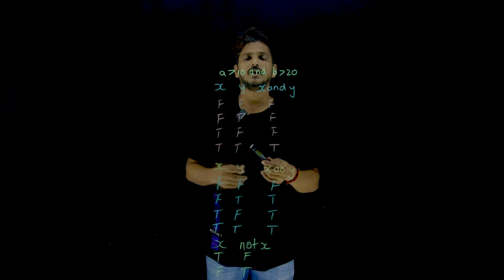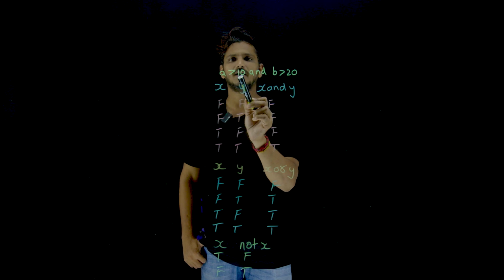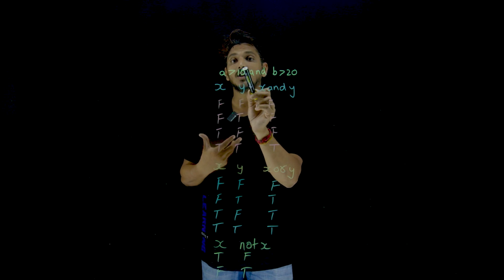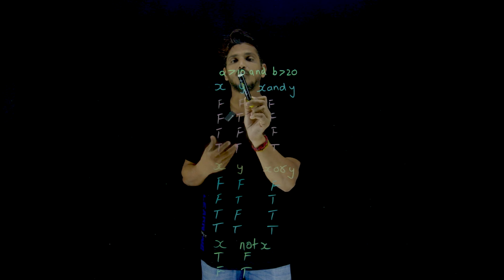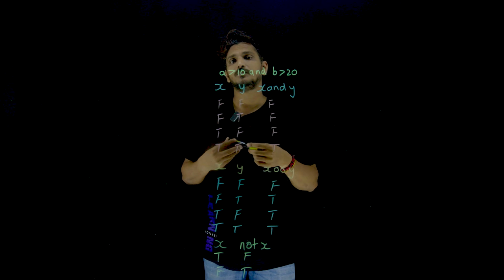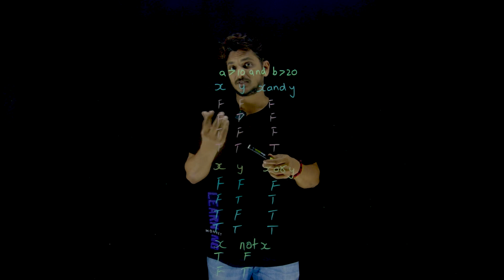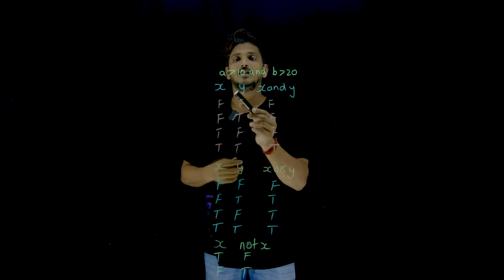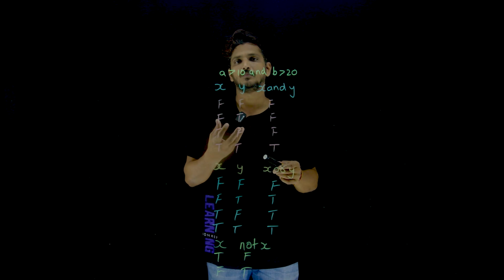So coming here, let's take an expression like this. A greater than 10, this is one relational operator. Here we are using a relational operator, A greater than 10. What's the output it is going to give you? If the value present in A is really greater than 10, then this condition is going to give you a true value.